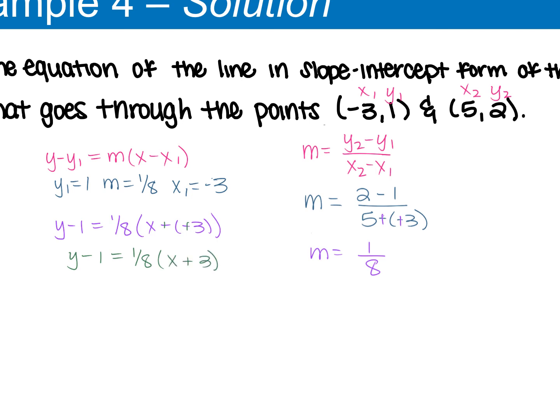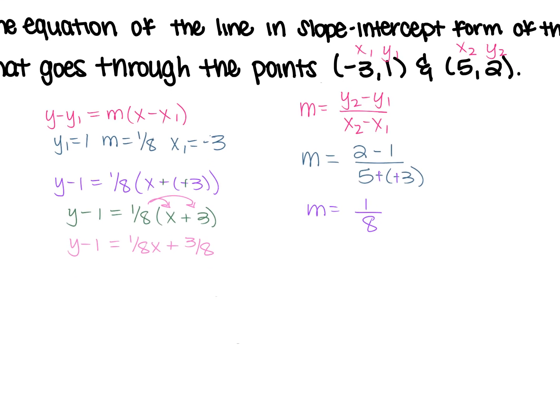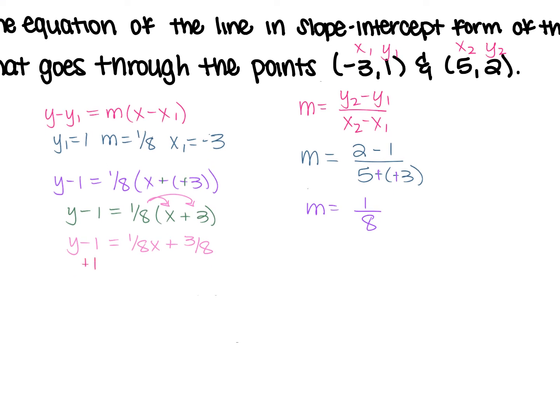From here, you have to solve this for y. Distribute the 1/8 into the set of parentheses. Multiply by each of those terms. You're going to have y minus 1 is equal to 1/8 x plus 3 over 8. From here, you're going to move that 1 over by adding it to both sides and getting the y by itself.